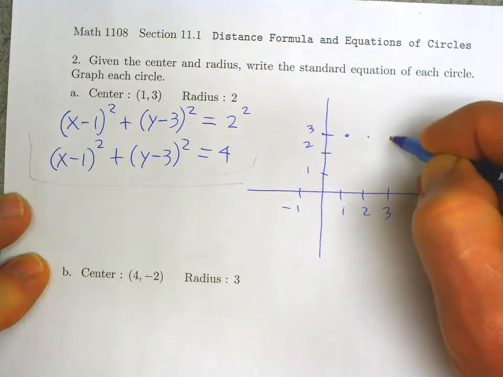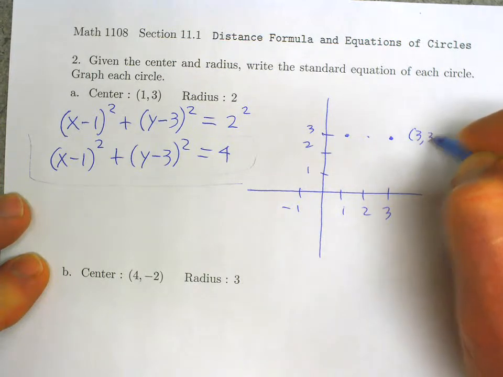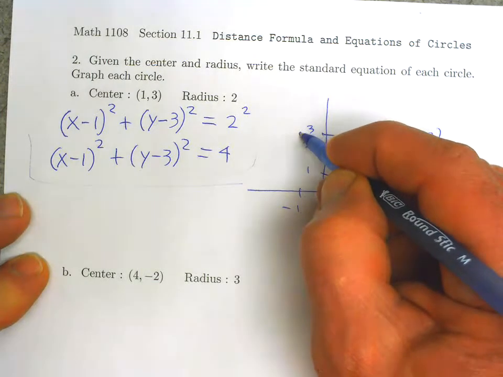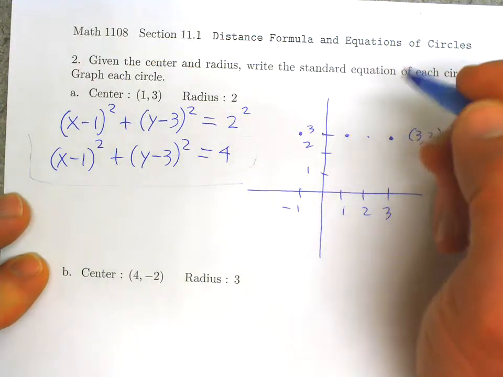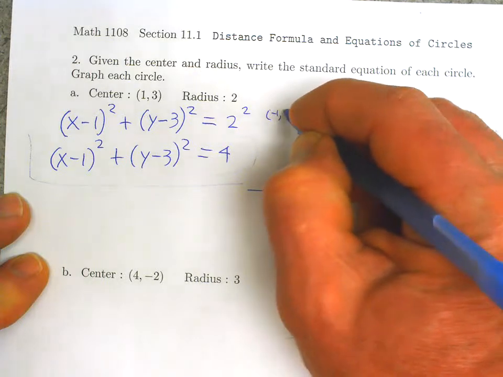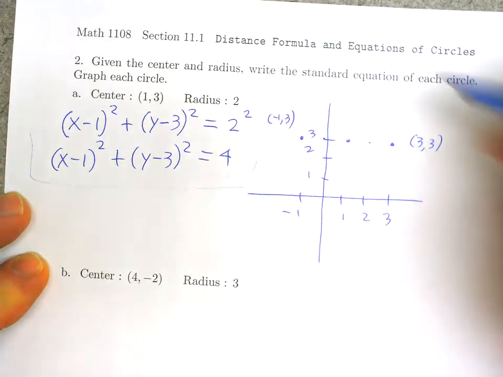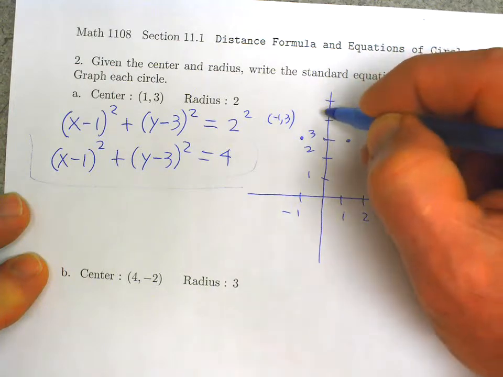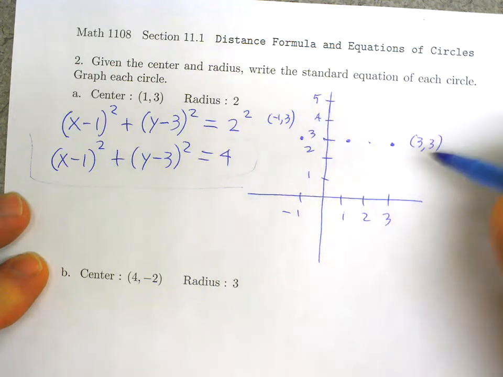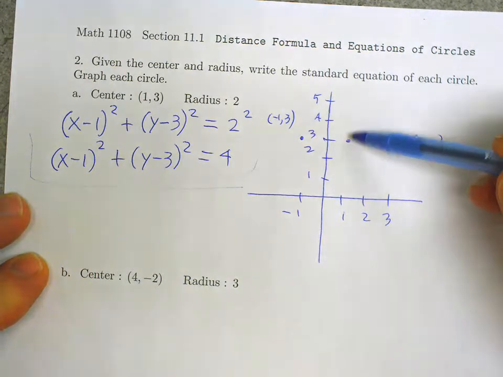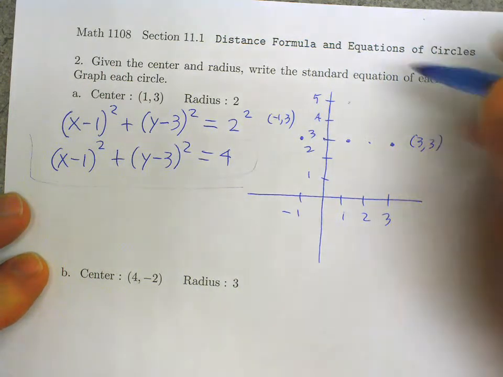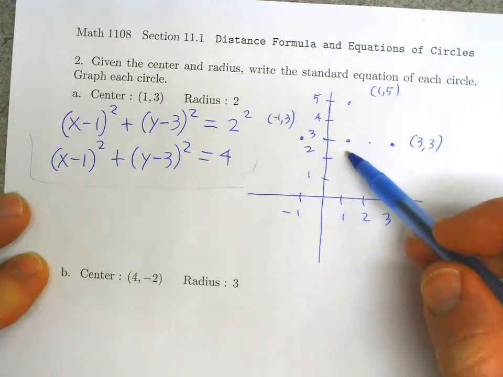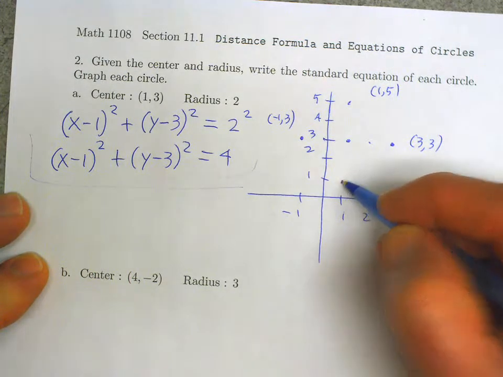This point should be 3, 3. If we move 2 units to the left, this point is negative 1, 3. Then from the center, if we move up 2 units, this point is 1, 5. And then from the center, move down 2 units, this point is 1, 1.